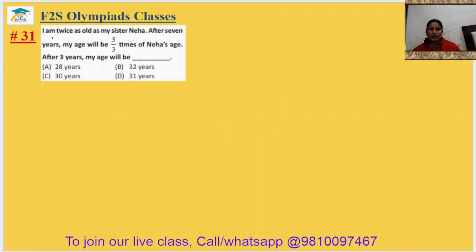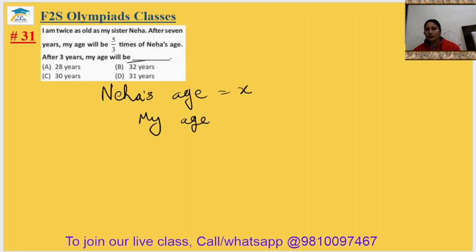Question number 31. I am twice as old as my sister Neha. After 7 years, my age will be 5 by 3 times of Neha's age. After 3 years, my age will be? So how can we start? First, let's consider Neha's age. So Neha's age is x. So definitely my age will be 2x right now at present.